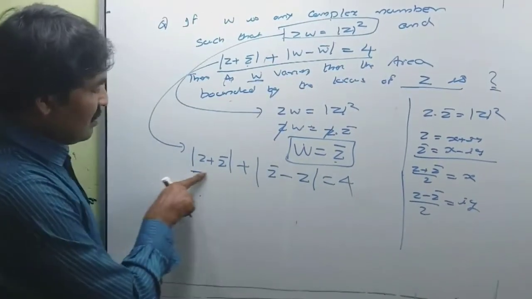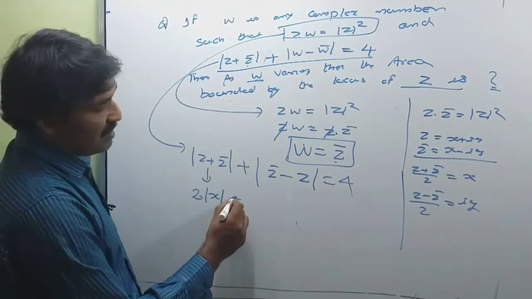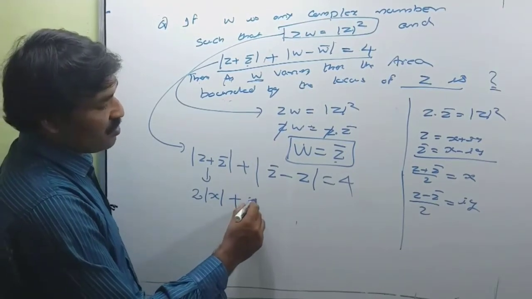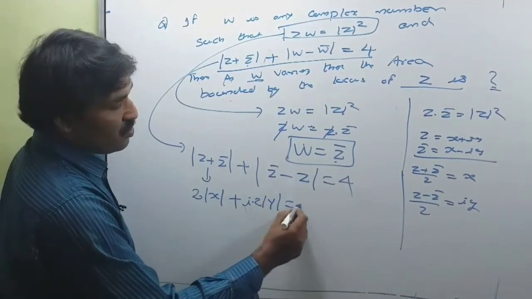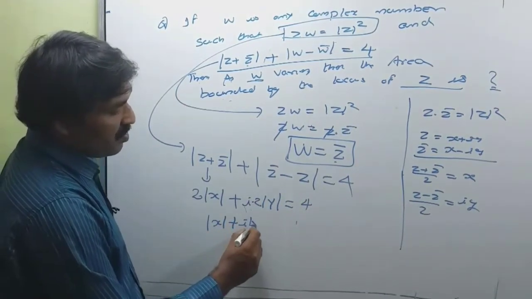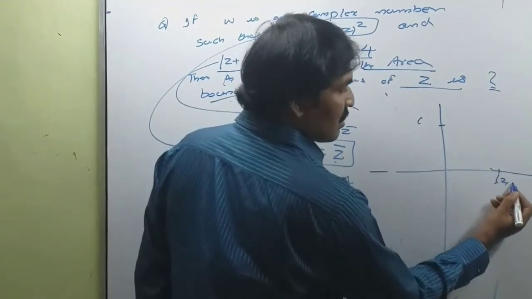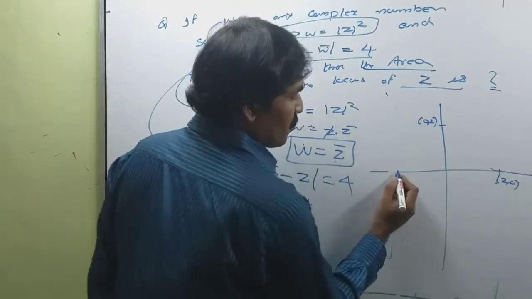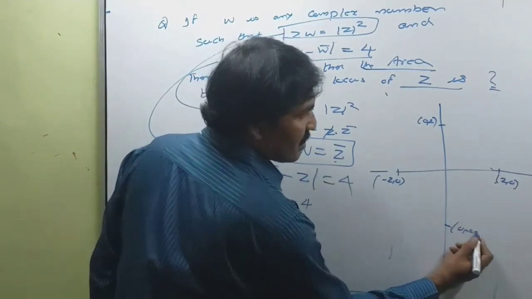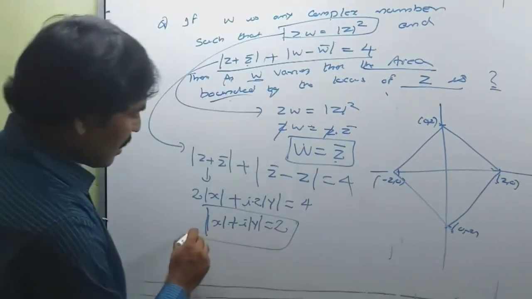So we can write this as 2 times mod x plus 2 times mod y is equal to 4, or mod x plus mod y is equal to 2. This is a locus: 2, 0; 0, 2; minus 2, 0; and 0, minus 2. So this is the locus described by this equation.